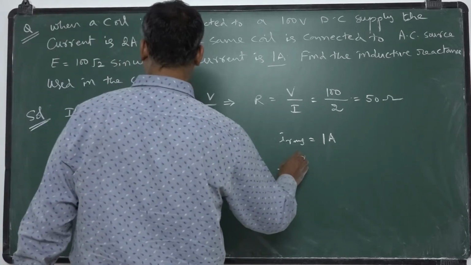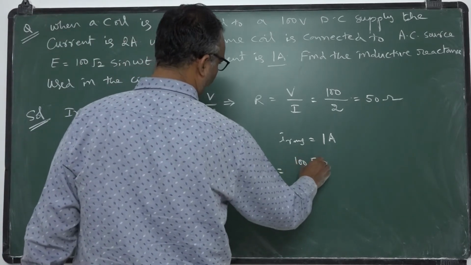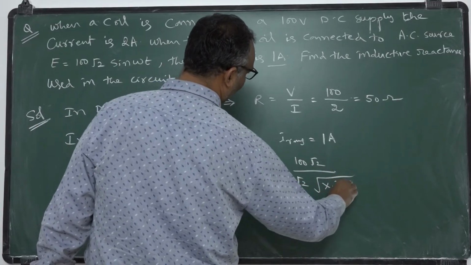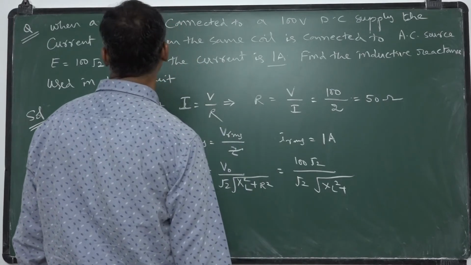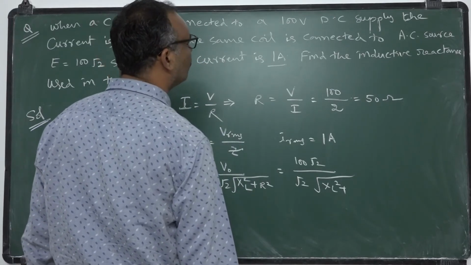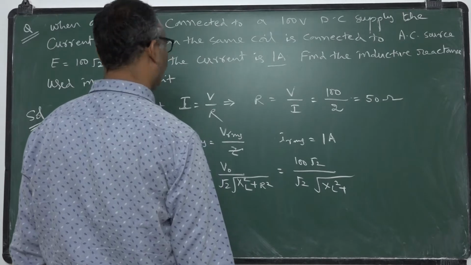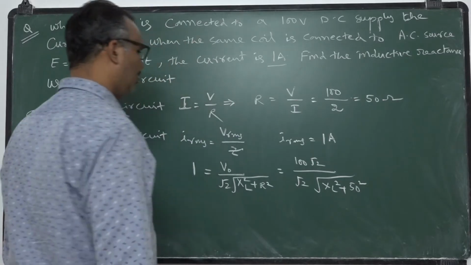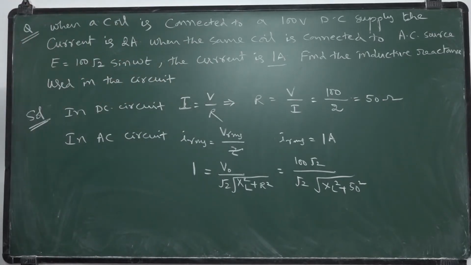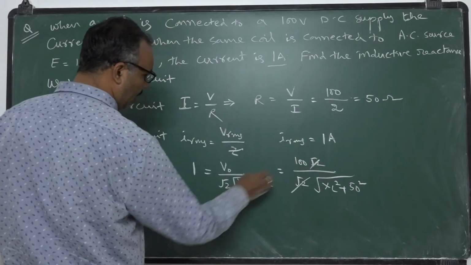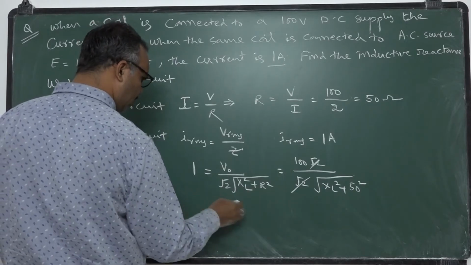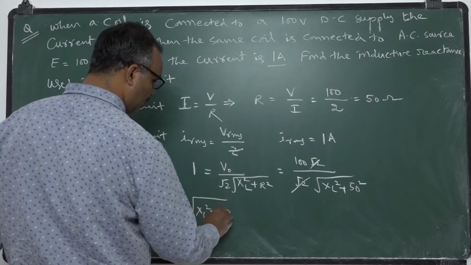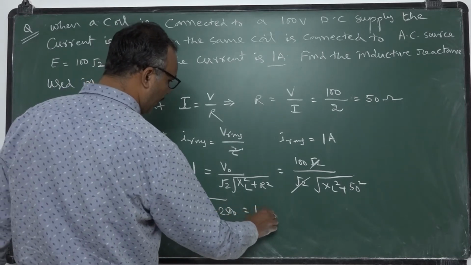Peak value of voltage 100 root 2 by root 2 into square root of XL square plus R square, the resistance we calculated as 50 square. So this root 2 gets cancelled. 100 can be written as 10 square, or otherwise root over XL square plus 2500 is equal to 100.